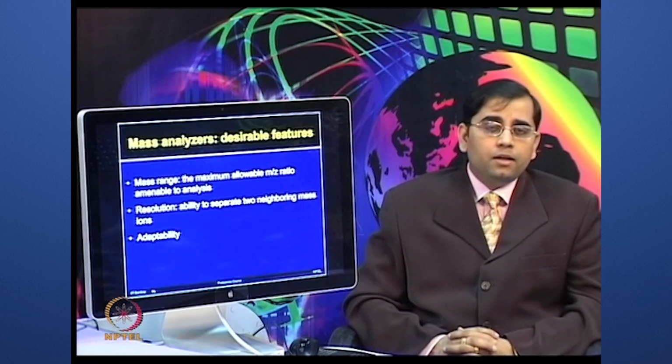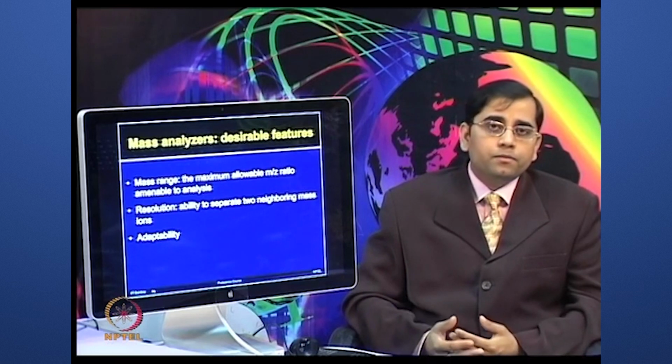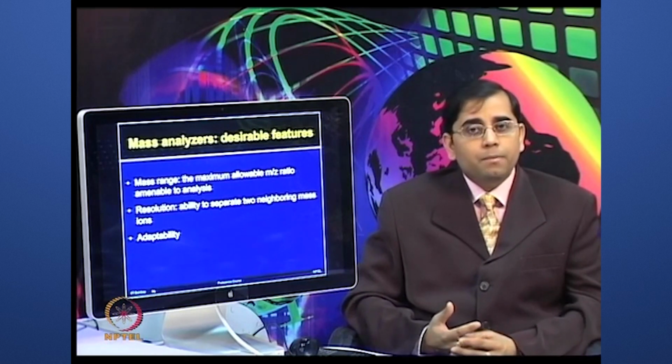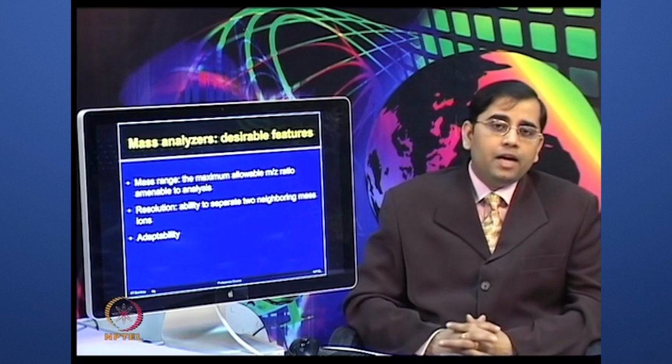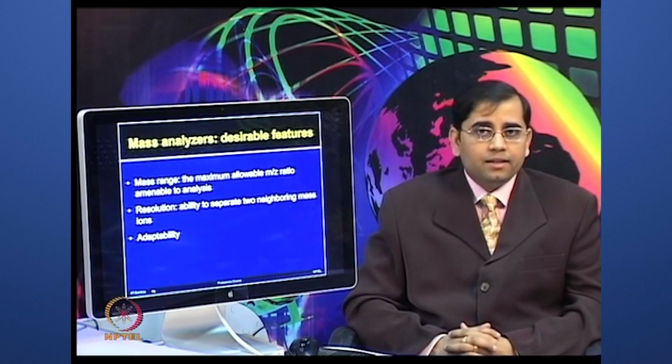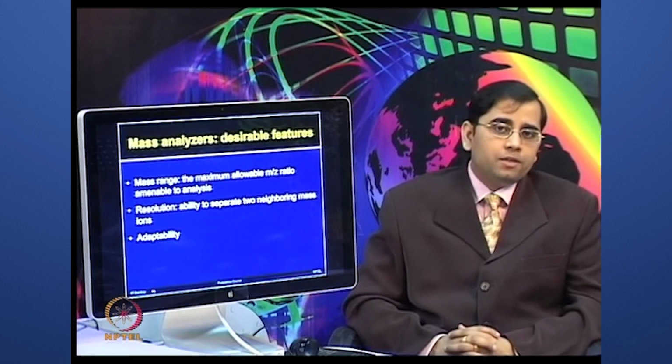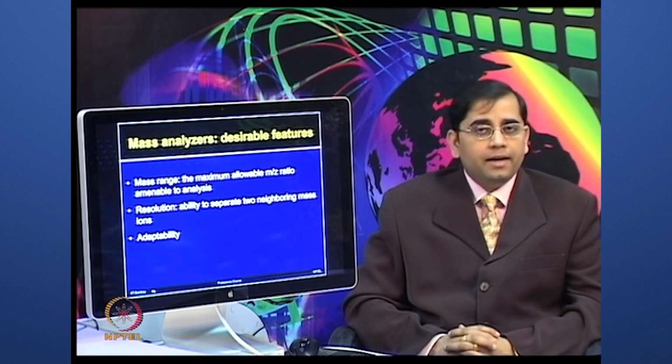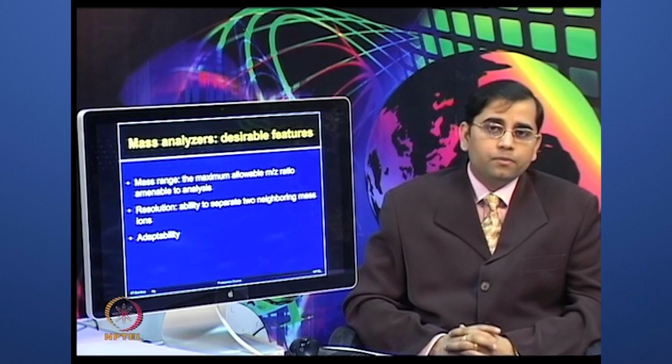Adaptability, the possibility of outfitting the mass analyzer with certain ionization techniques as well as other devices such as chromatography systems and multi-channel array detectors, is also a desirable feature of the mass analyzer.